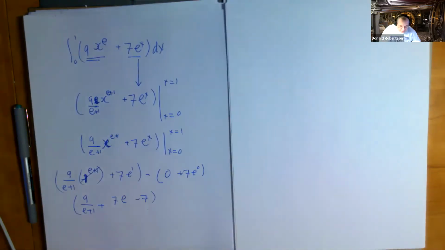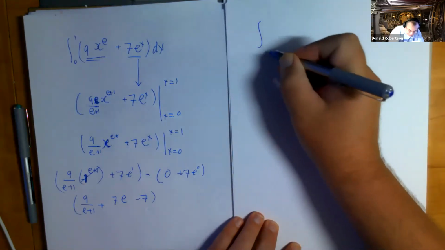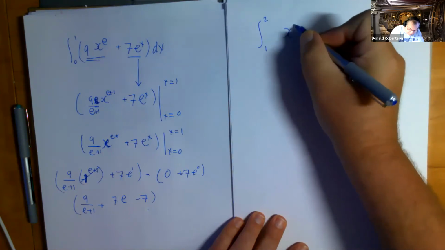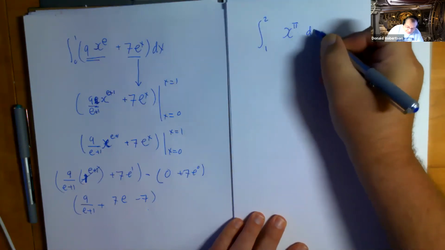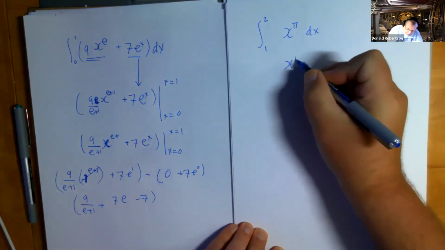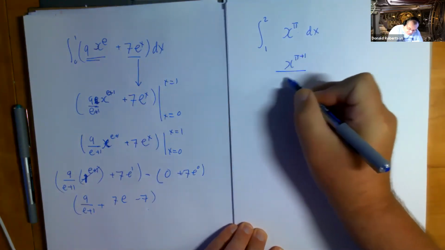Try another version of that. Suppose I wanted the answer from 1 to 2 of x to the pi. Isn't it a power rule? Add 1 to the power, divide by the new power.